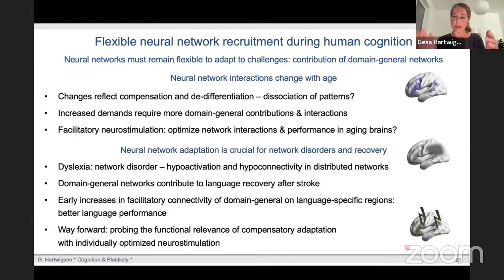So it's nice to show that if I perturb here, I get upregulation there, we see hypoconnectivity here, but really to use network stimulation and probe if these changes that we see, if they are really adaptive and are behaviorally relevant. And we will do so in the future, or we're working on individually optimized neurostimulation. So to also address all these individual differences that potentially affect our neurostimulation protocols.